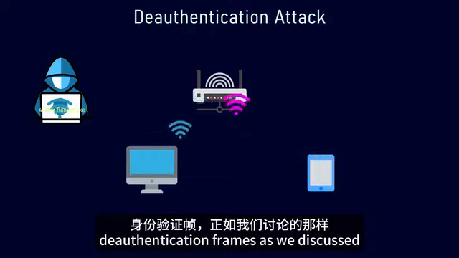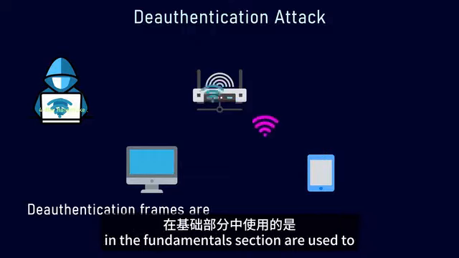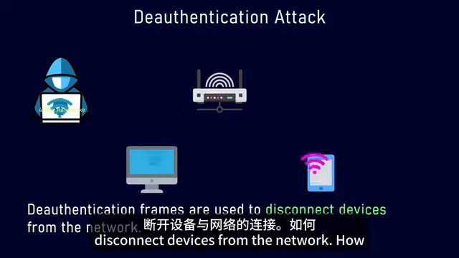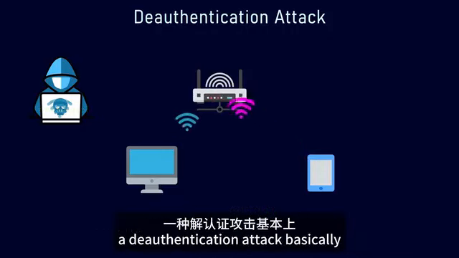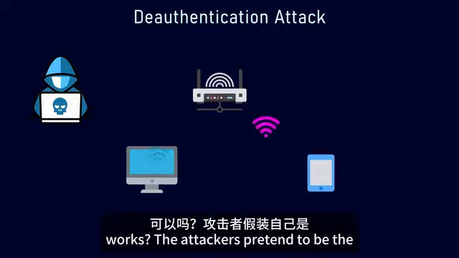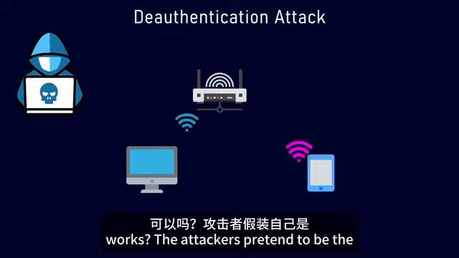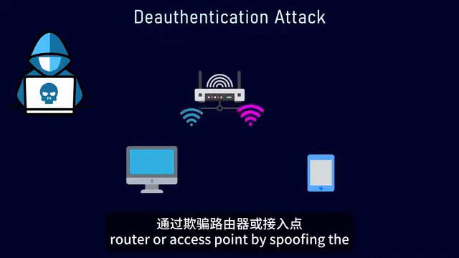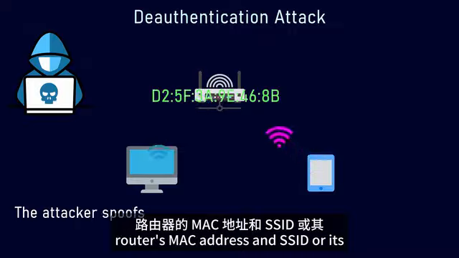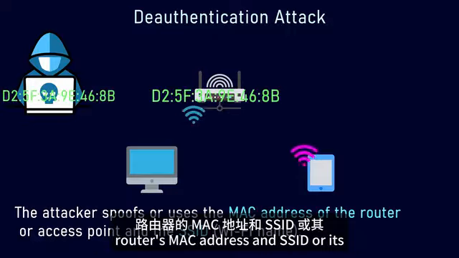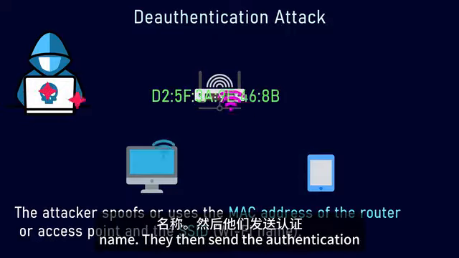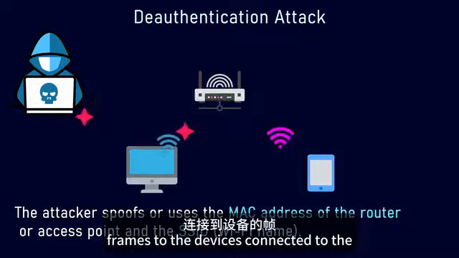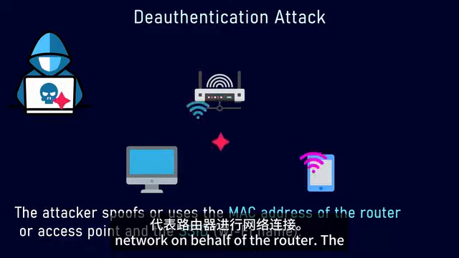Deauthentication frames, as we discussed in the fundamentals section, are used to disconnect devices from the network. How a deauthentication attack basically works: the attackers pretend to be the router or access point by spoofing the router's MAC address and SSID or its name. They then send deauthentication frames to the devices connected to the network on behalf of the router.